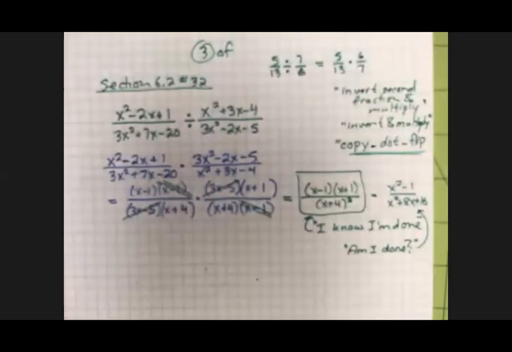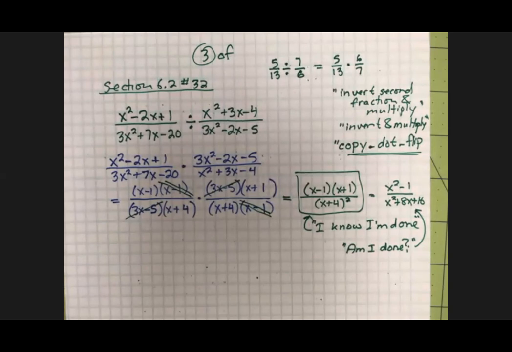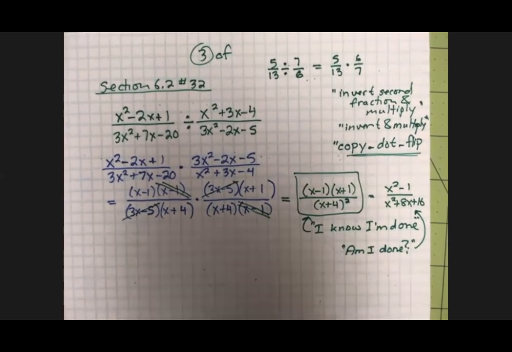So he's trying to scare you with problems like this. But they're not as bad as they seem if you just do it one step at a time. Let's pick one out before we take a break, and it might take us 10 minutes to do one of these.